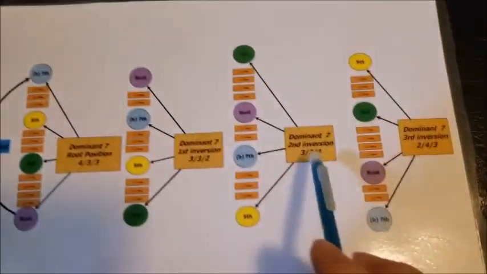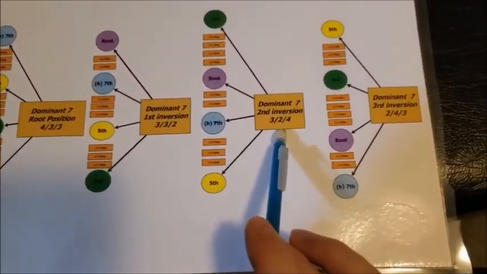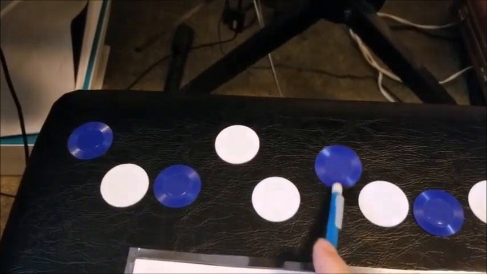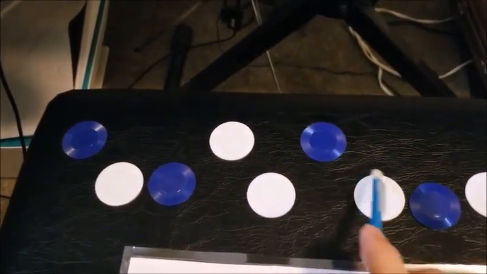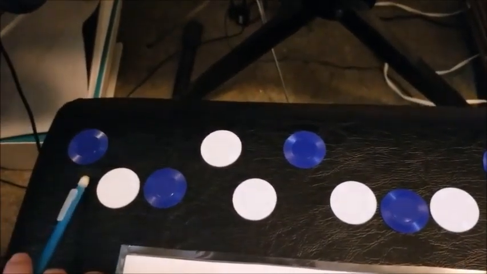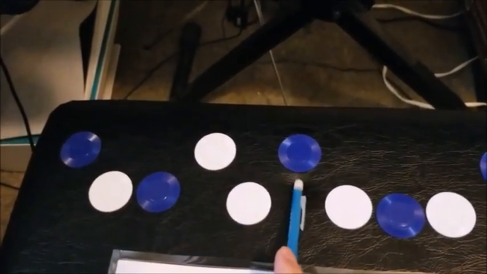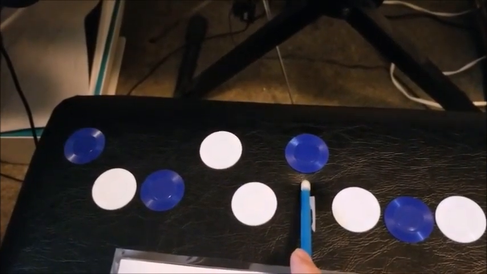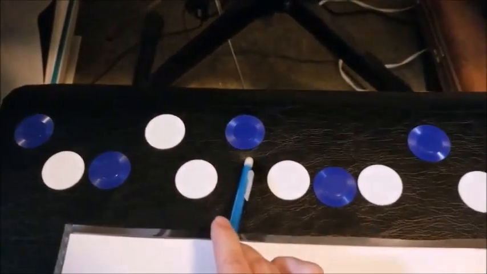Let's do second inversion, 3-2-4 form. 1, 2, 3, 1, 2, and 1, 2, 3, 4. Well, this will be the fifth, flat seventh, and our root. Our root's going to be F sharp or G flat.